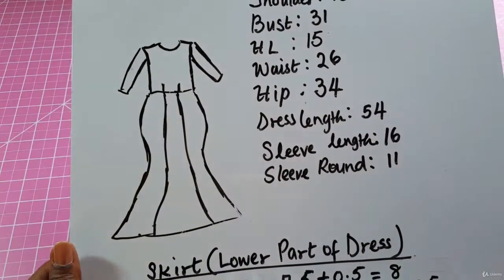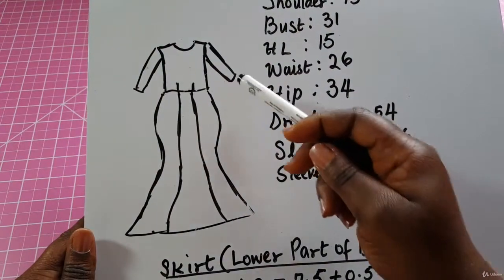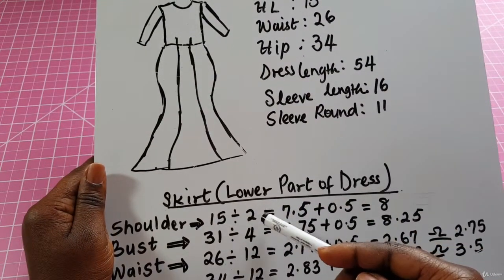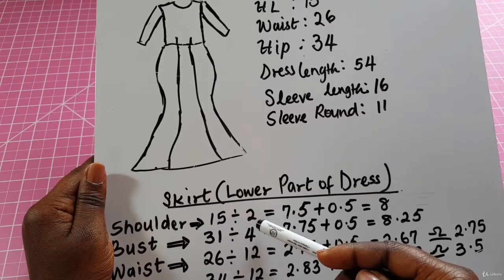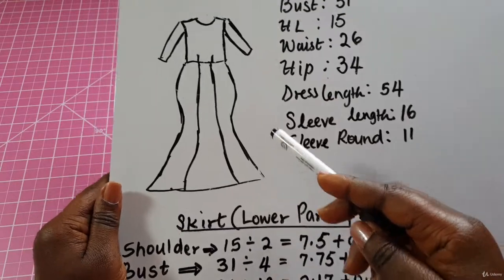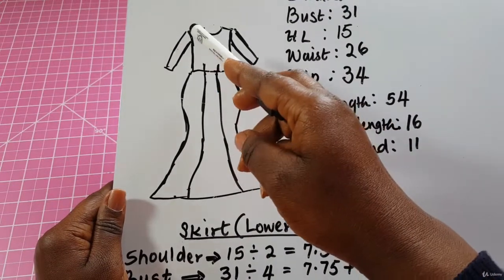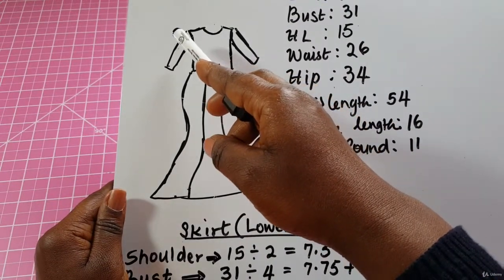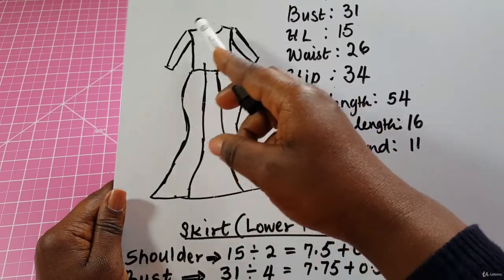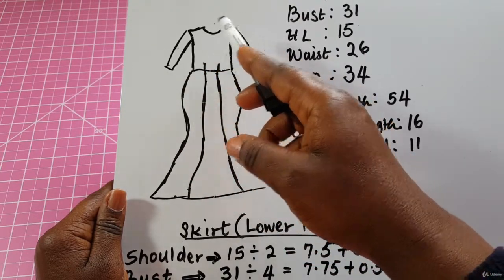Now, when you start to make a top or a dress, we need to divide that shoulder by 2 when we start to cut. That is because when we cut, we fold it. And remember, when you took your shoulder measurement, you went from one edge of the shoulder to the other edge. You did not go round to take a circumference. It's just 1 to 1.